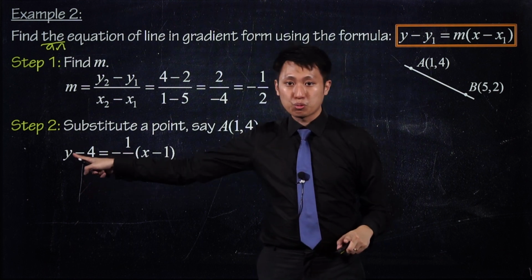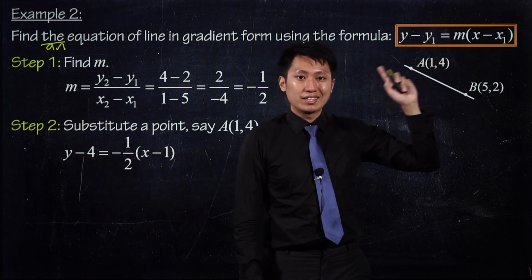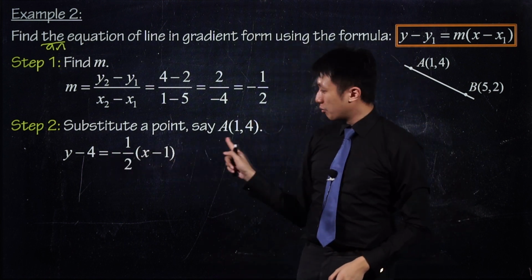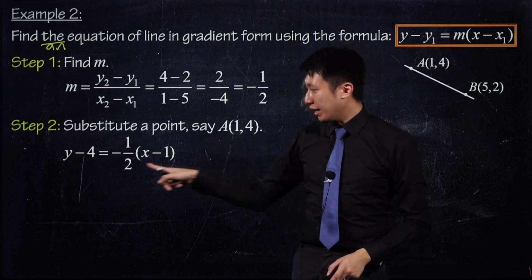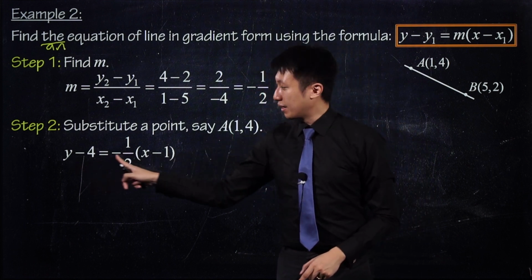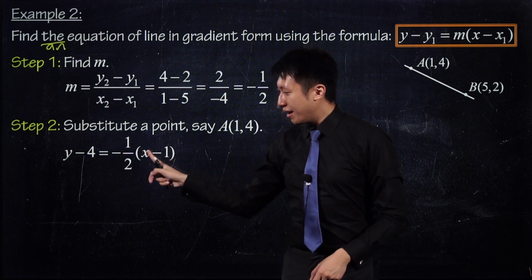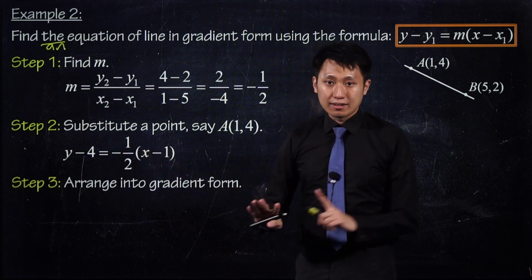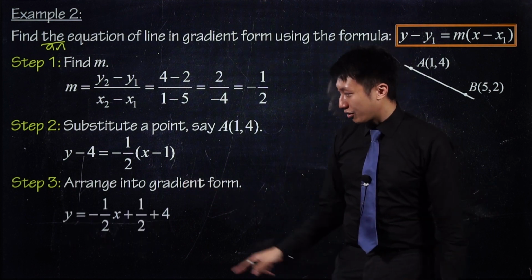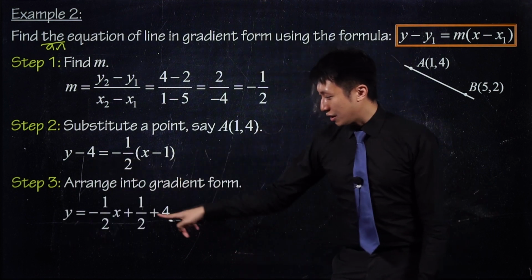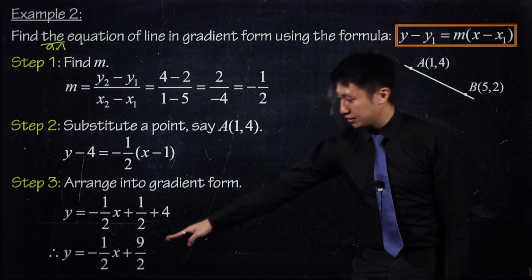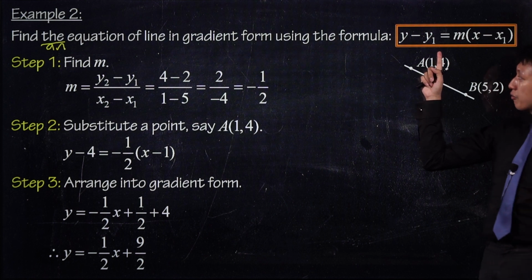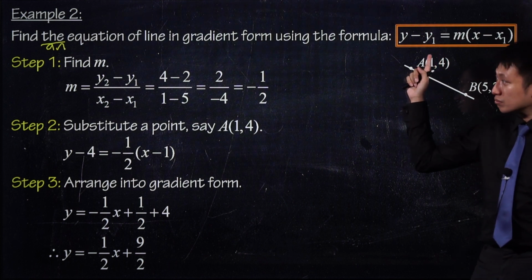So this is y1, which is 4 here, and this is x1, which is 1 here. y minus y1 equals m times x minus x1. Then I arrange it nicely and move this over, so it's just equal to this, which is in gradient form now.